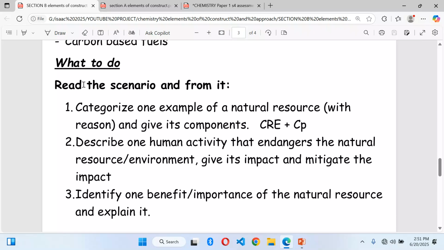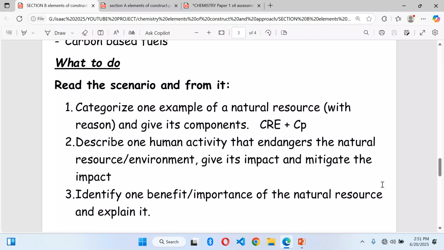Number one, read the scenario and from it categorize one example of natural resource. Categorize it with a reason and its components. So we have summarized this as CRE plus CP. Category, reason, example, and composition.